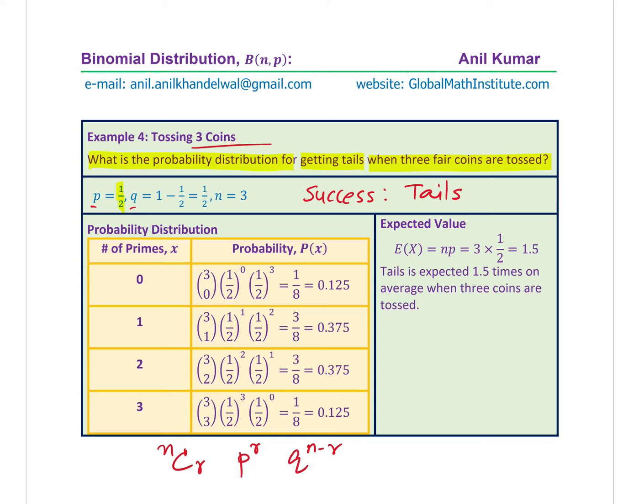Now, when you're talking about the probability distribution, as we did earlier also, you could also sketch a graph, correct? So you can sketch a graph for this particular function for values 0, 1, 2, or 3. So we get 0.125 for 0, and then 0.375, almost 3 times that, right? And then we have again 0.375 for 2, and 0.125, kind of like this.